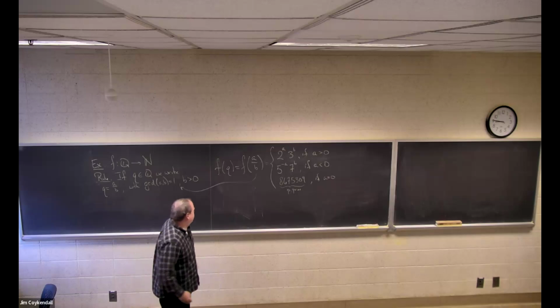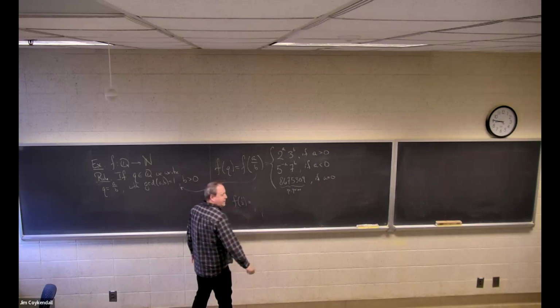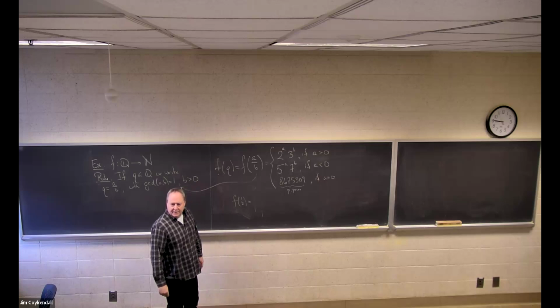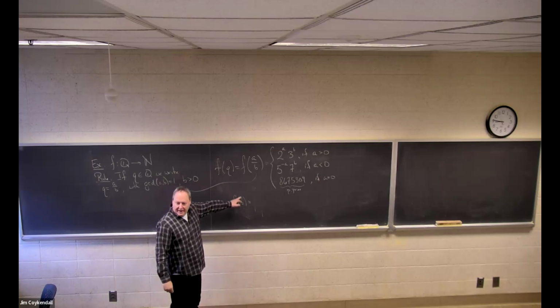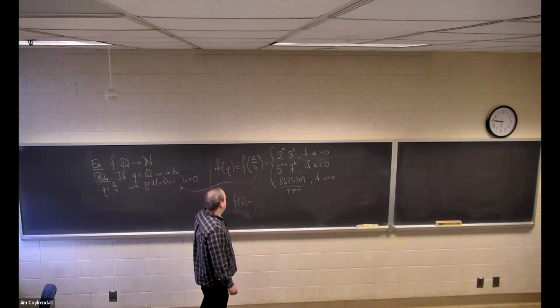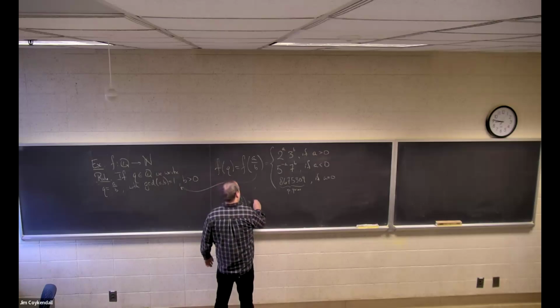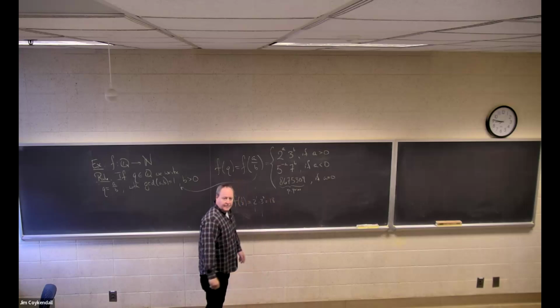Let's do a couple of tests on this. F of 1/2. Notice if I had written 2/4, I'd have to reduce it to 1/2 by my rule here. Where does that go? Well, here A is positive, so this should go to 2 to the 1, 3 squared. This is 18.